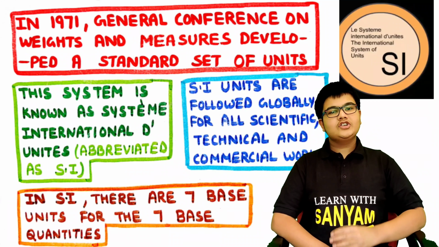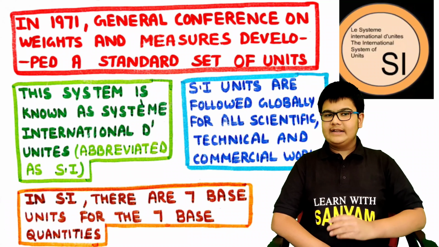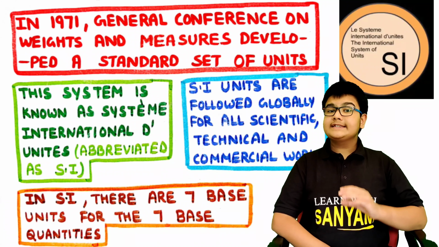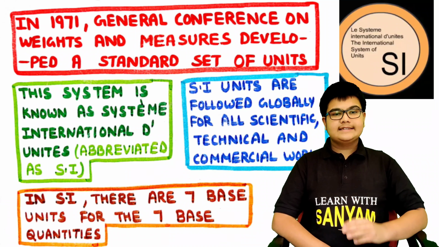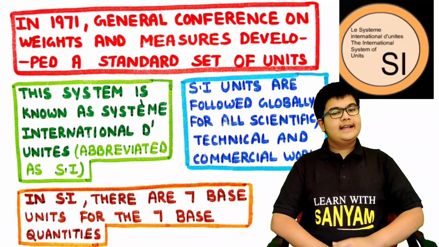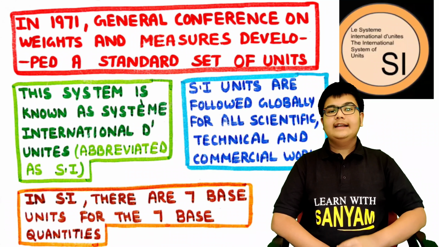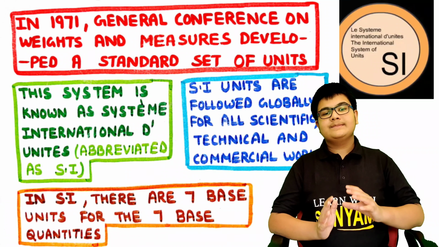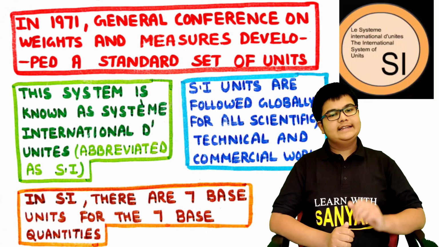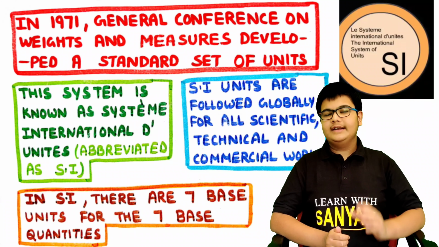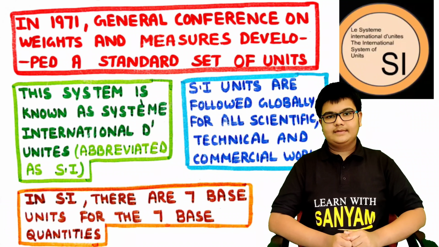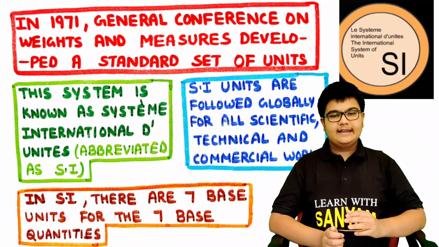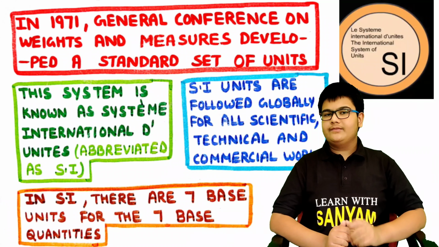To find the solution to this problem, in 1971, the General Conference on Weights and Measures developed a standard set of units. This system is known as Système International d'Unités and its short form is SI. So now a standard system was made for the entire world, the SI system. SI units are followed globally for all scientific, technical, industrial and commercial work.